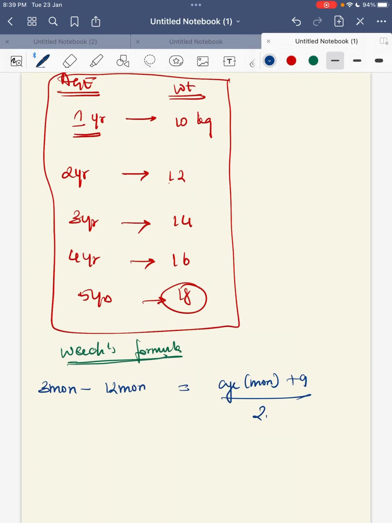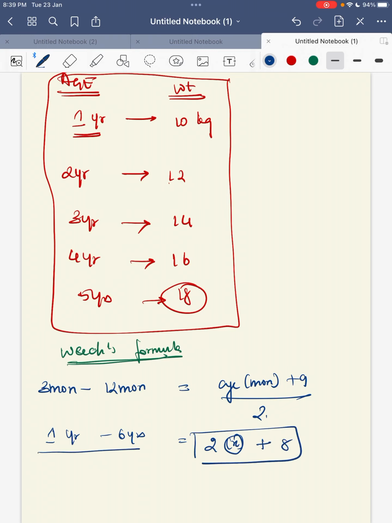Next, for a child between 1 year till 6 years of age, it is 2x plus 8, where x is the age of the child in years.